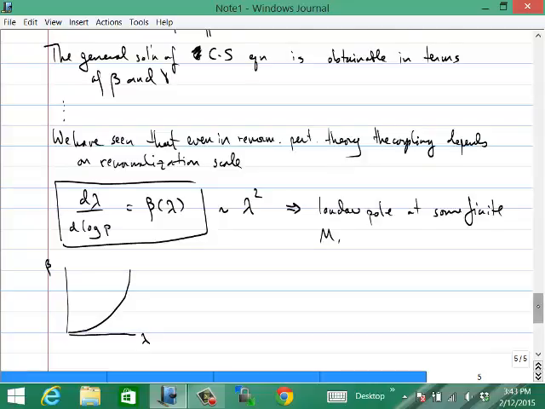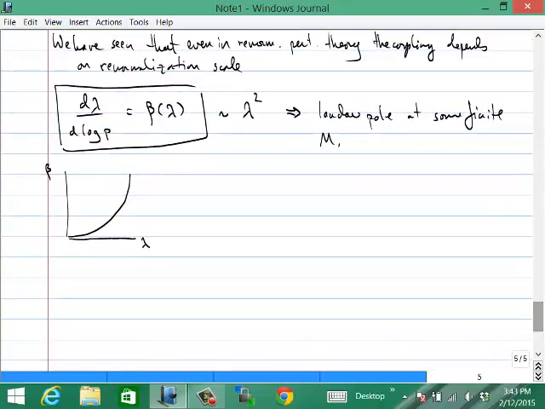What I'd like to do now is just imagine what other sort of possible behaviors you could get for a beta function and what the physical implications would be.